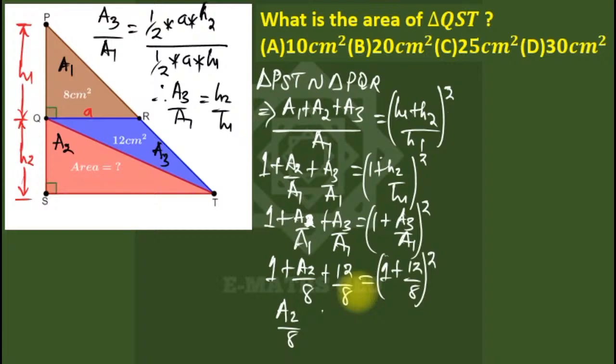So I can factor that. 1 plus 3 over 2 is 5 over 2. So what is common is 5 over 2. Do you get? I'm factoring. This is now 5 over 2 all squared minus 5 over 2.